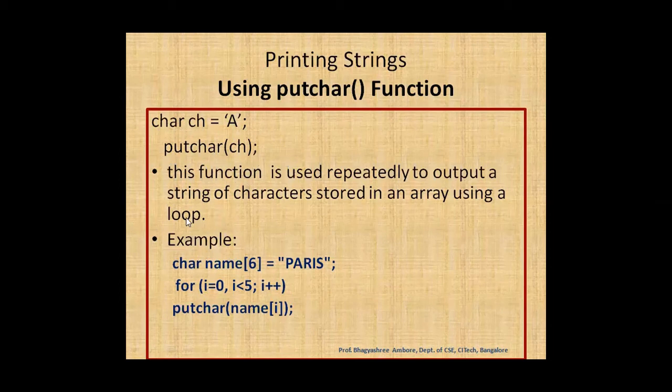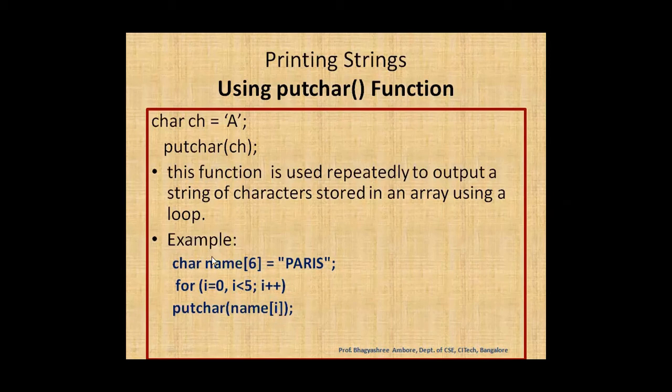To print multiple characters, I have to use this putchar(ch) repeatedly. For example, character name of 6, I have written here Paris. Now how many characters are there? 1, 2, 3, 4, 5 characters. I want to print the 5 characters. Now I'll start a loop from 0, for i less than 5, i plus plus. putchar(name[i]).